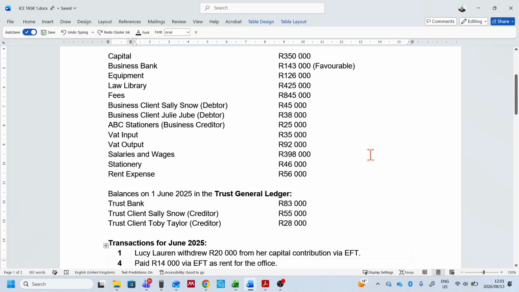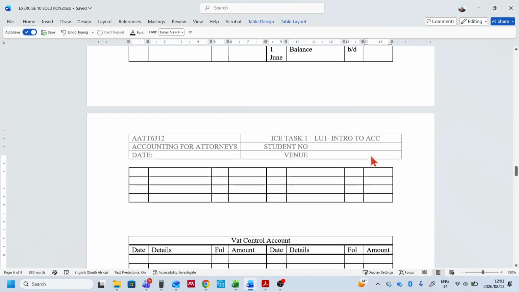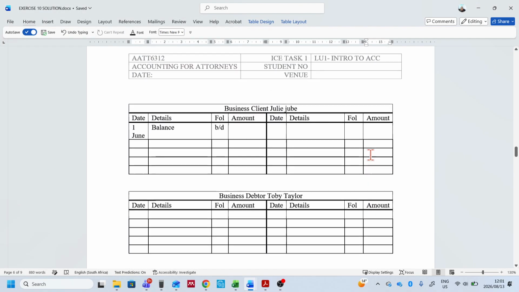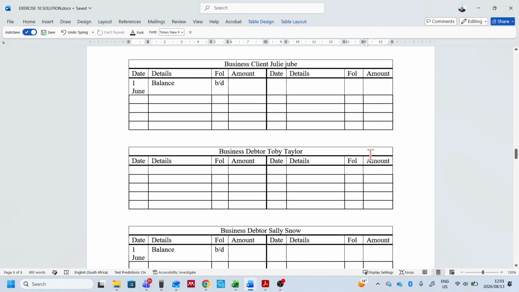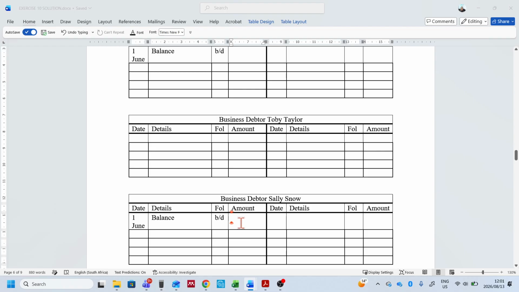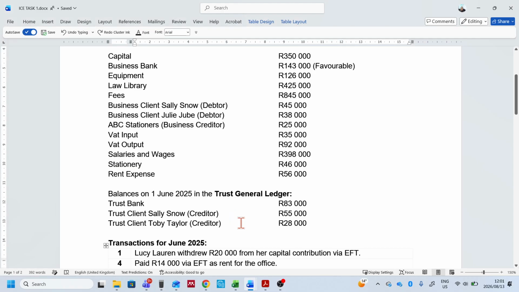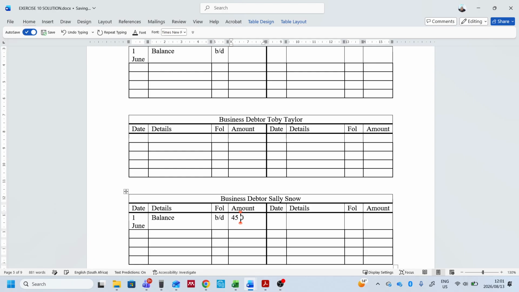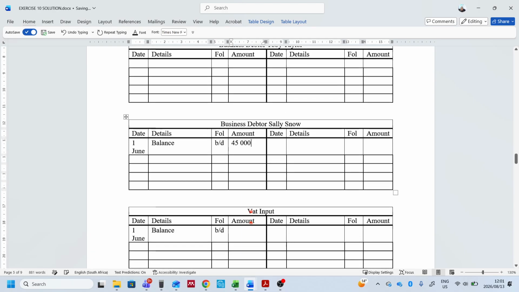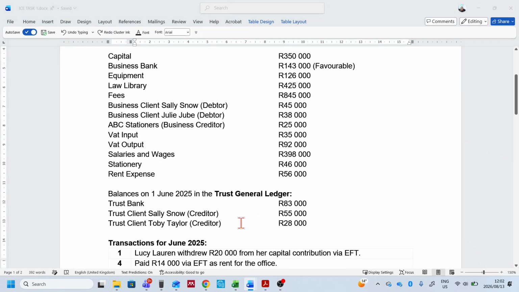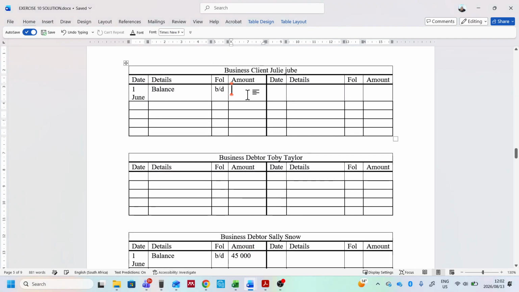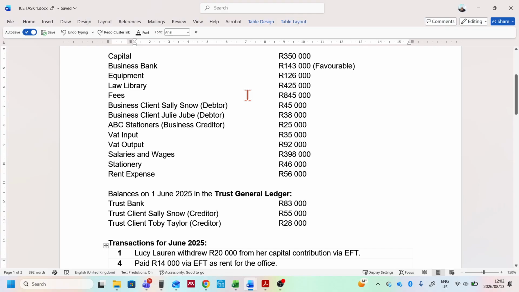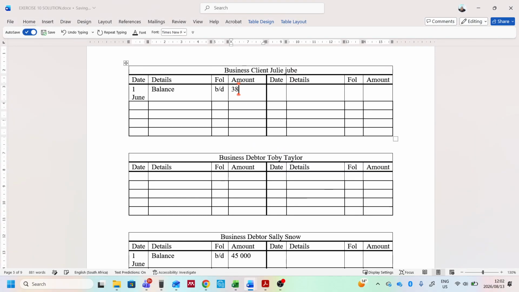Business client or debtor, Salis no. Okay, Salis no. So that's 45,000. Business client Julie Job. Here we have him over here, 38,000.